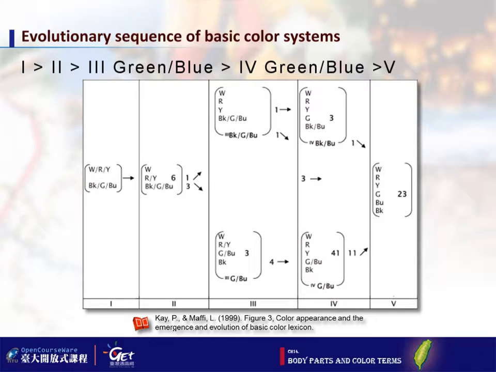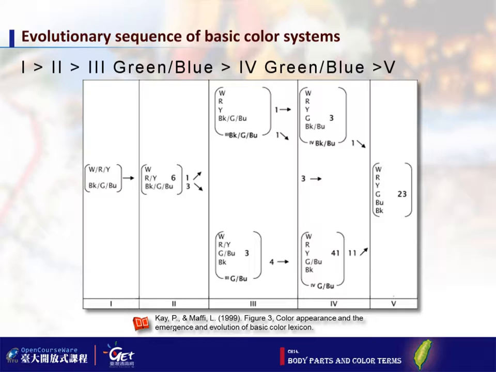All these numbers refer to the number of languages in the survey that show a certain sequence of development. If there's only one term, there are no languages like that, but it's just to show a complete evolution, so that there's a first stage, second stage, third stage.